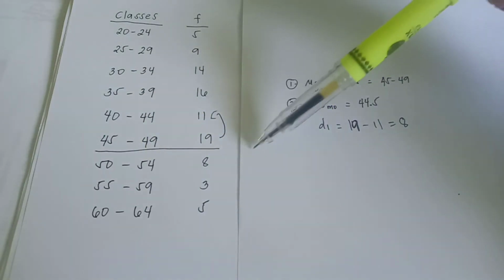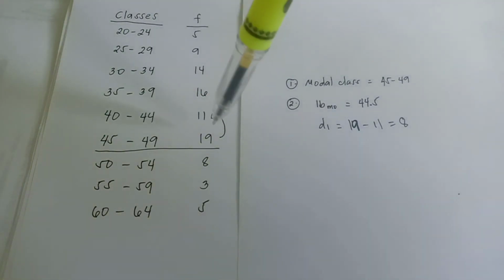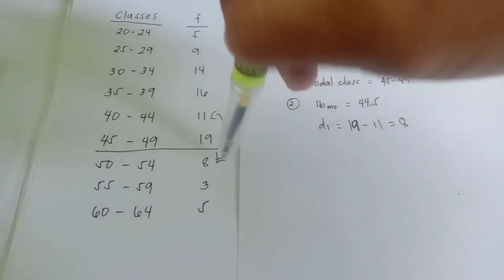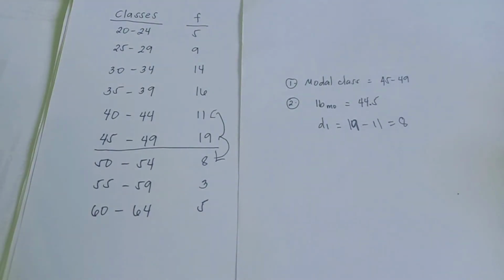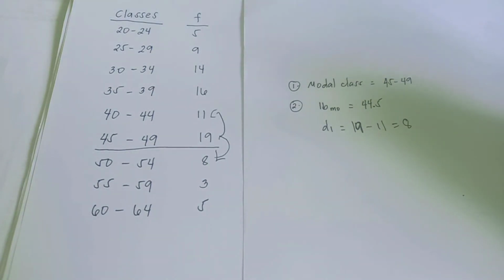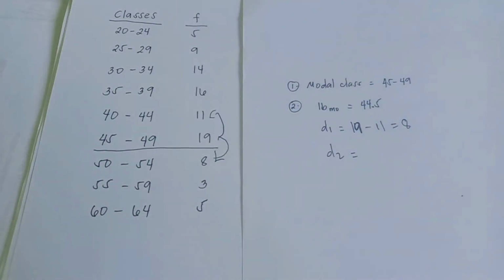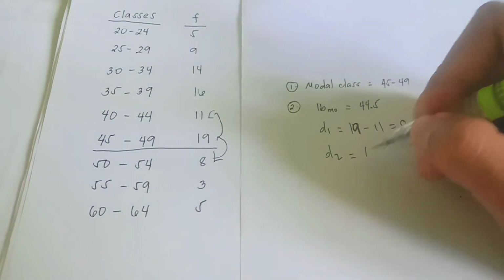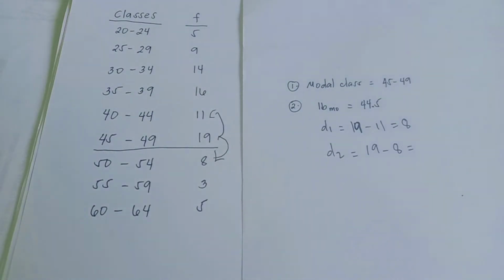Ibig sabihin, dito naman sa 8. Subtract lang natin, kagaya nung d sub 1 sa d sub 2. So, 19 minus 8 is equal to 11.